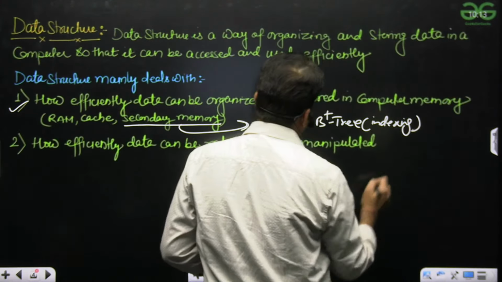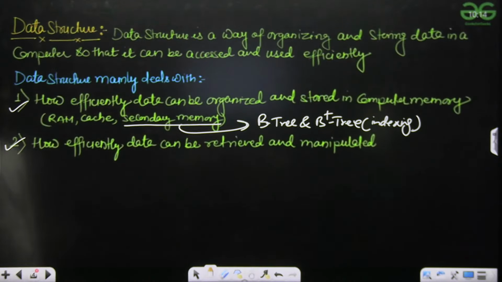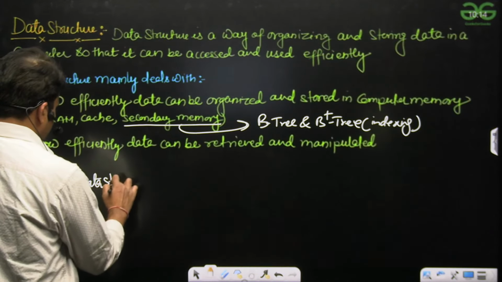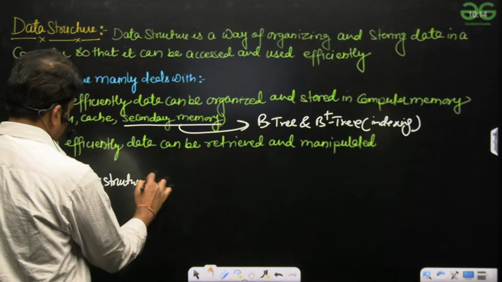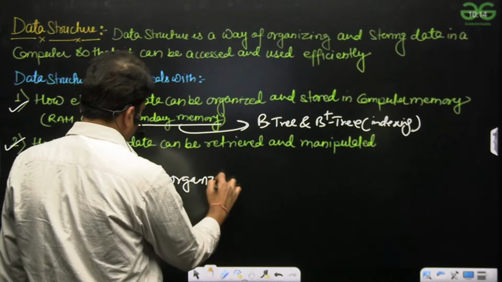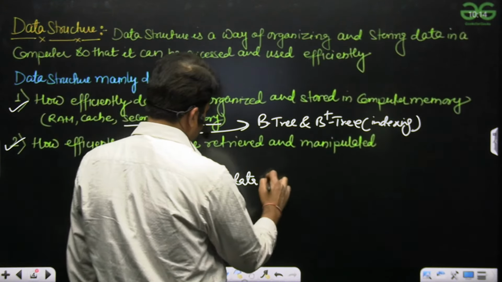The second thing is how efficiently data can be retrieved and manipulated. So data structure mainly deals with two things: organized data plus operations.